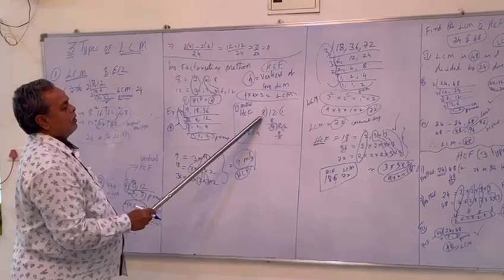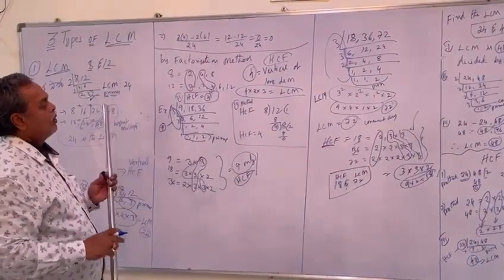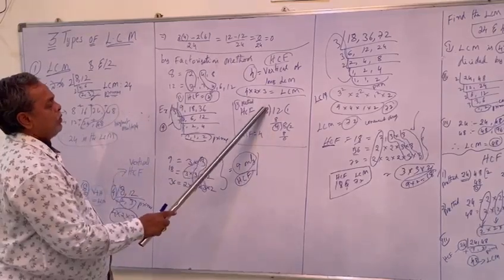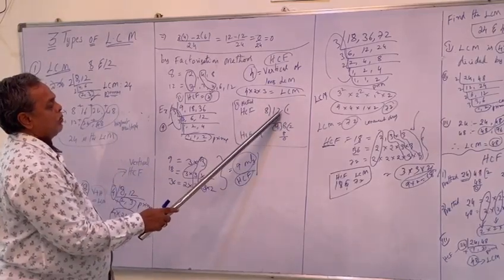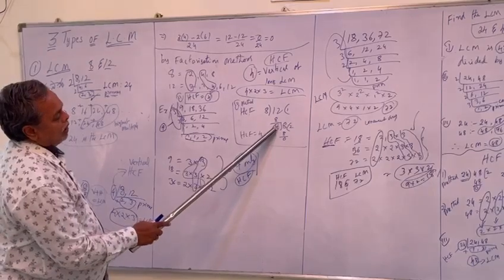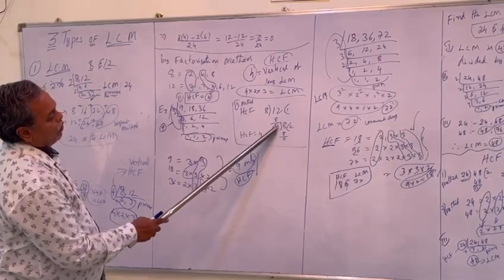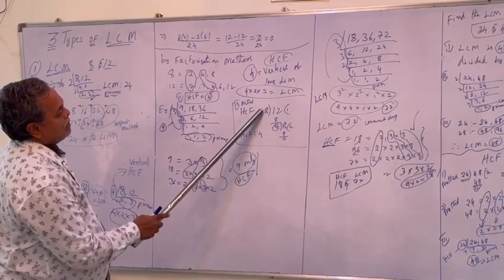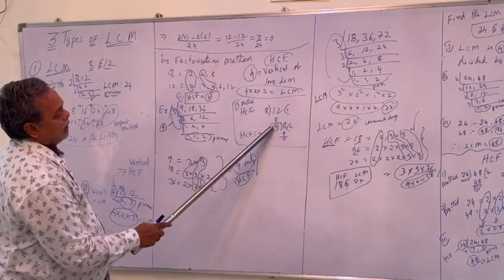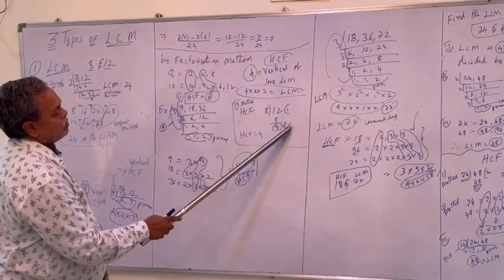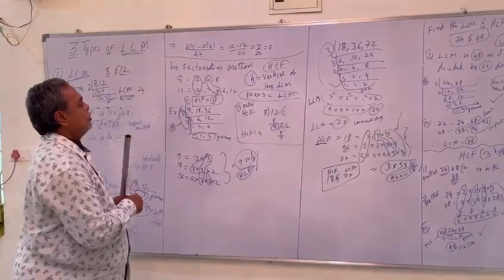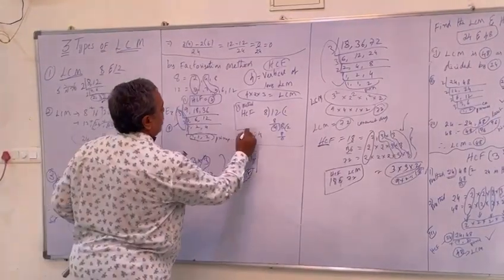We divide the great number by the small number. 8 ones are 8, so the remainder is 4. Then 8 is the divisor, and the divisor must be divided by 4. 4 2s are 8, until you get to 0. Then the HCF is 4 here. This is the third method.